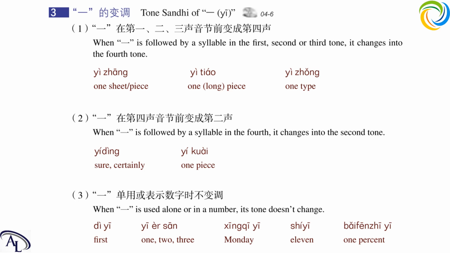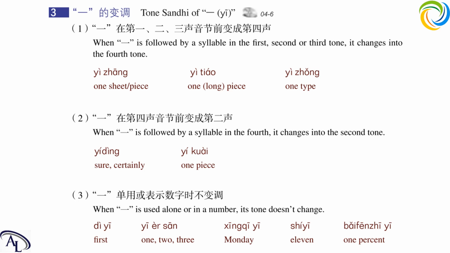Next one, 星期一 means Monday, so it won't change too. Next one, 十一, it is a number, so it doesn't change. It means 11. Last one, 百分之一 means 1%. It still won't change because it is used in a number.